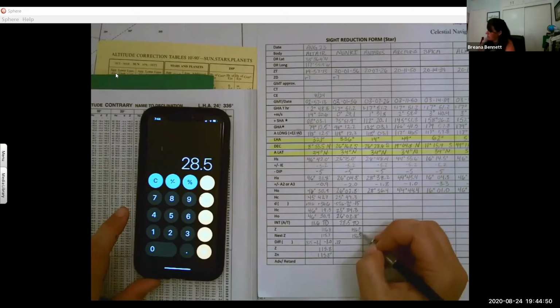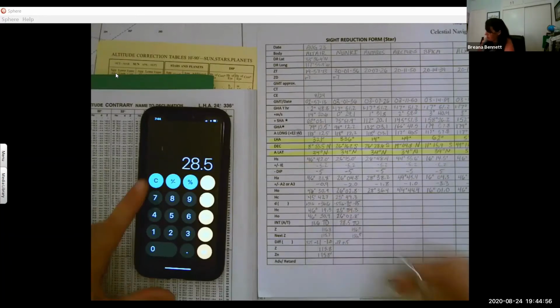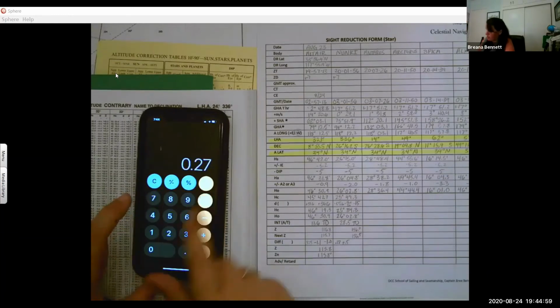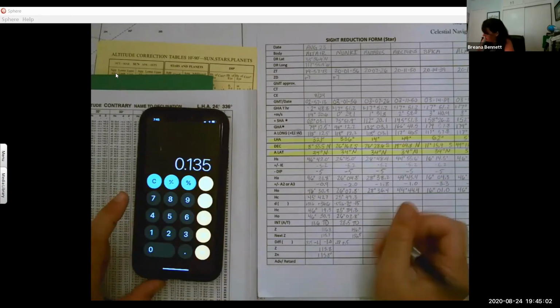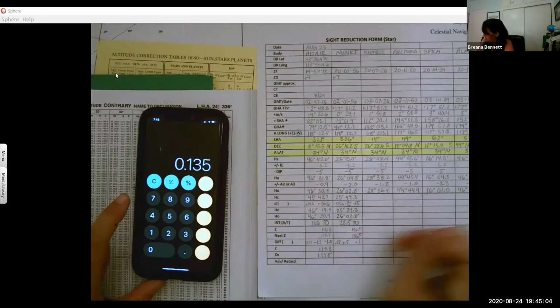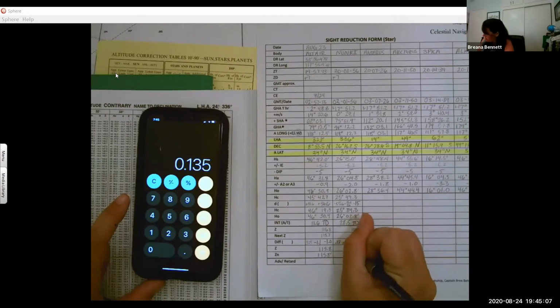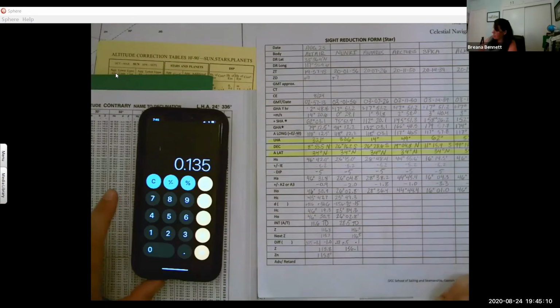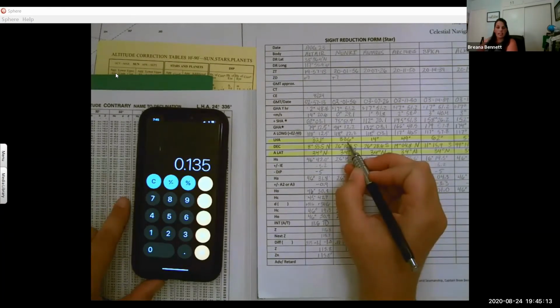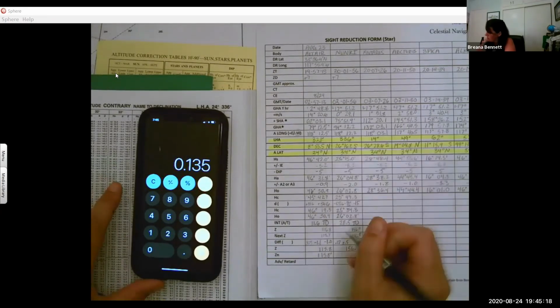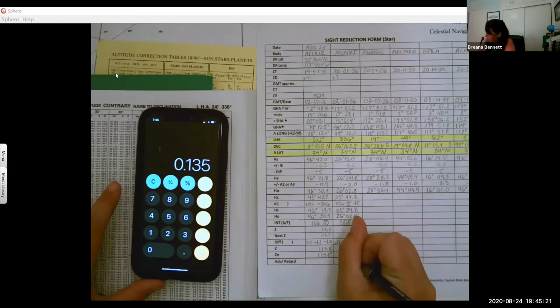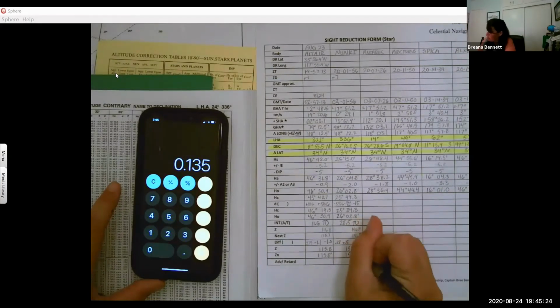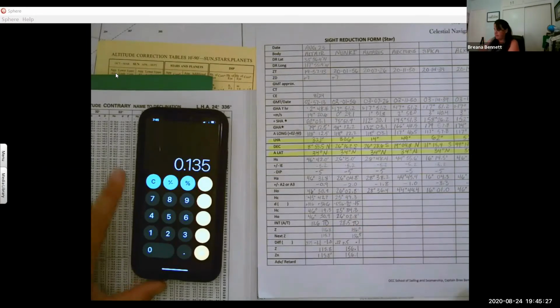My difference between Z and next Z is plus 0.5. So I have 0.27 times 0.5 gives me 0.1. So my Z is 156.1. And my LHA is greater than 180. So we are staying the same, 156.1. All right, 2 down, 4 to go.